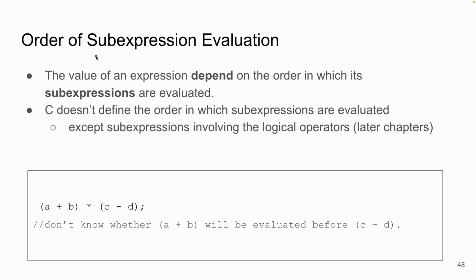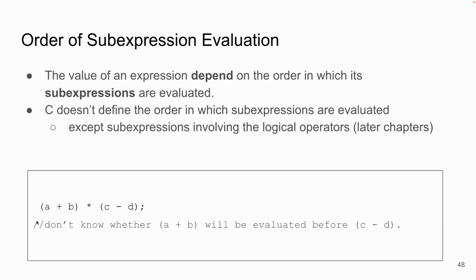Okay, the next topic: if we have a more complicated statement, we can actually divide this expression into different sub-expressions, right? This is the entire expression, but in a long expression, we can divide it into small parts.